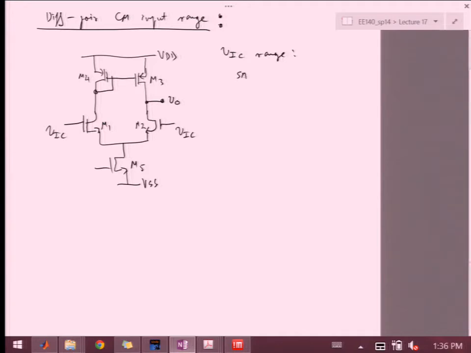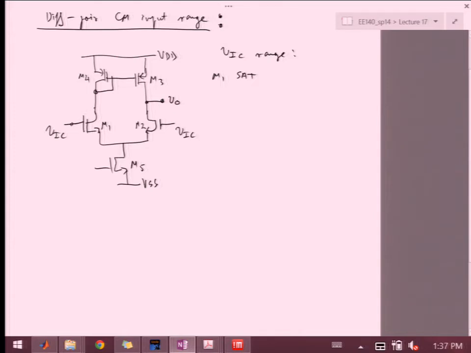So we must be constrained by some transistors staying in the saturation region. And given that VIC is first hooked up to M1, maybe we can first write out the condition for M1 being in saturation. When is M1 in saturation? VGD is less than V threshold, right?